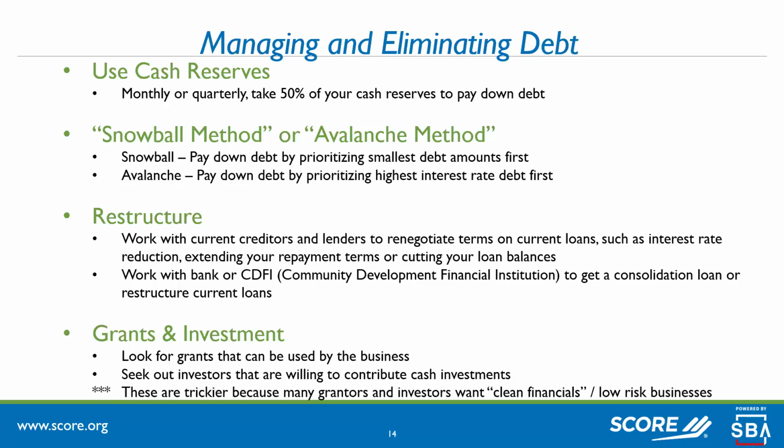So those are two different methods that you can use to pay down debt. And ideally, what you'd want to do is take 50% of your cash reserves and apply that to these methods, and use one of these methods to pay down the debt.